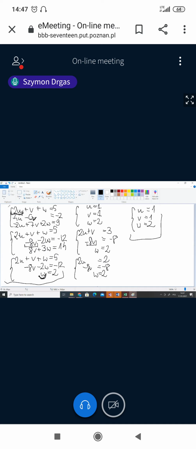So in this elimination method, the first stage is to transform this system of equations into an upper triangular system of equations, and then we have two options to continue: by back substitution, or we can also continue with elimination.